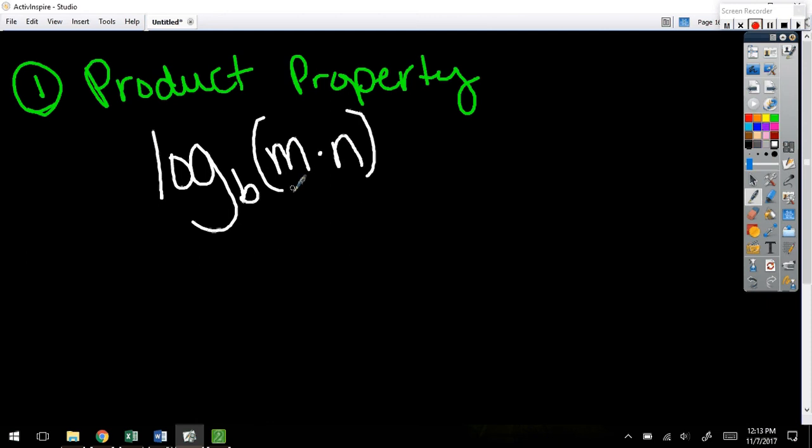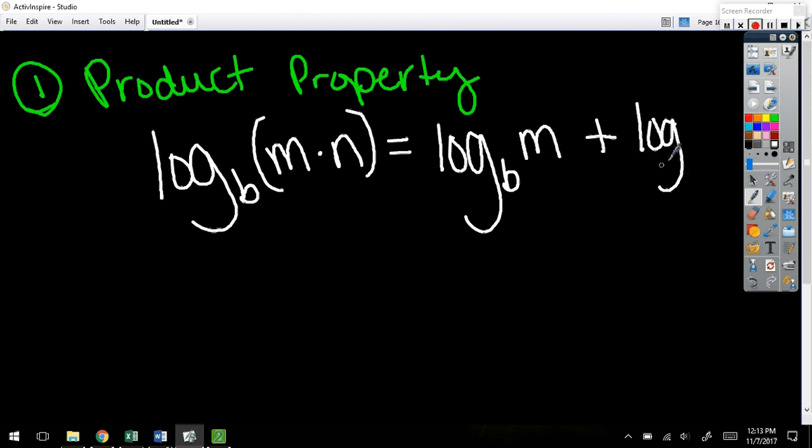So these are both hooked with the log. Now, if you're multiplying with the same base and think in terms of exponents, what do you do with those exponents? Add them. So this I can split up as the log base B of M plus the log base B of N.